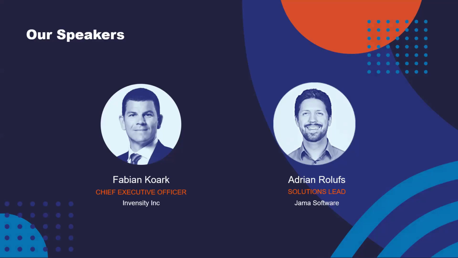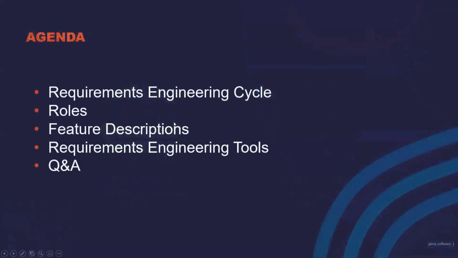So let's start a little bit with the overview of our agenda today. What we want to cover, and it's not equally balanced, but definitely we would like to look into the challenge of requirements engineering and management, basically covered by the necessary requirements engineering cycle. And we will not be too shy to look into how that will look different or need to look different regarding the involved roles in the engineering life cycle.